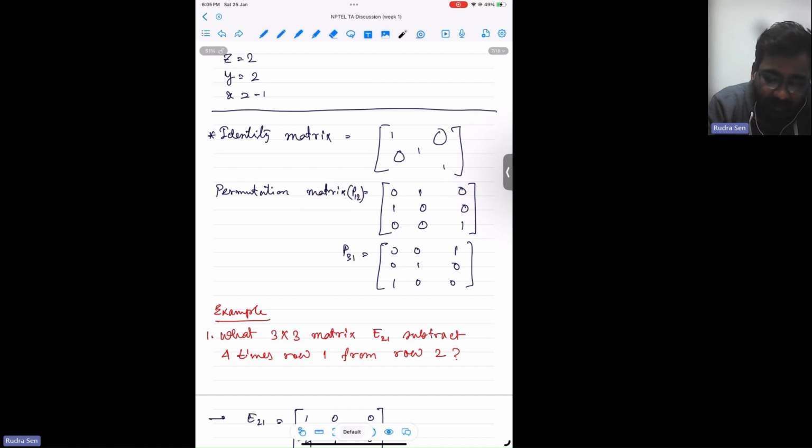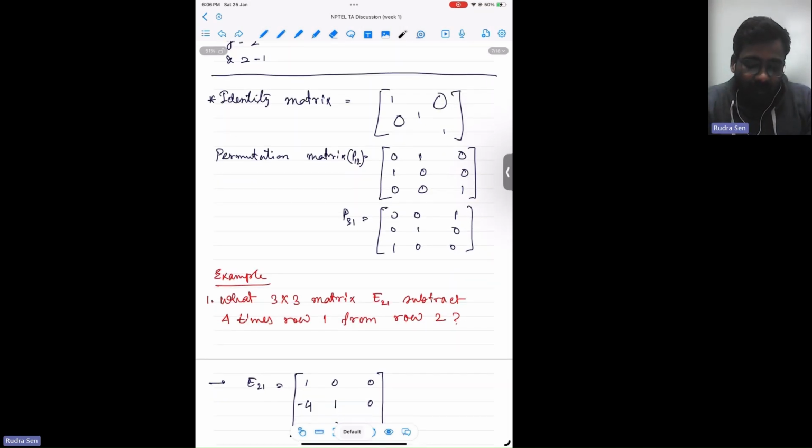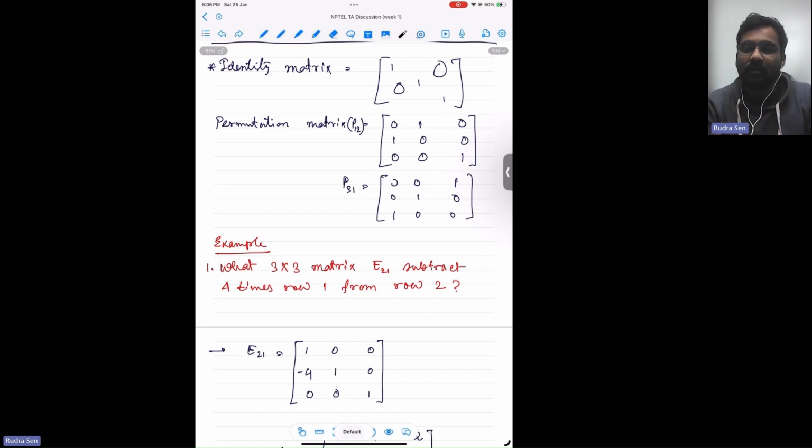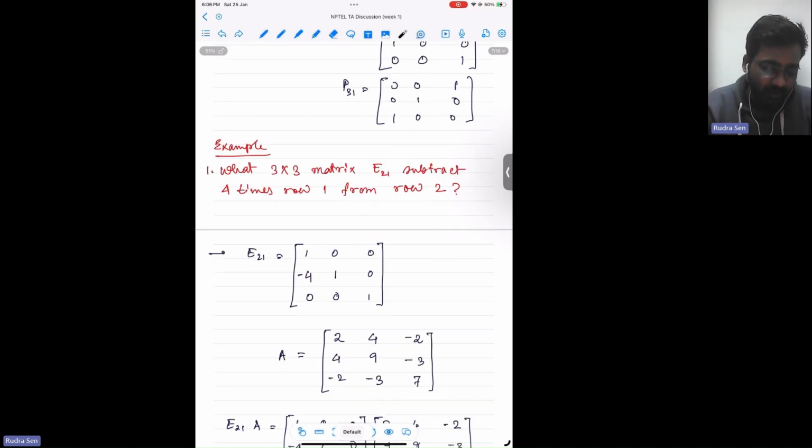Now let's say we need to exchange row 3 and row 1 of a particular matrix. Row 3 goes up into row 1 and row 1 goes down to row 3. So this should be the matrix. Let me explain these things using an example.